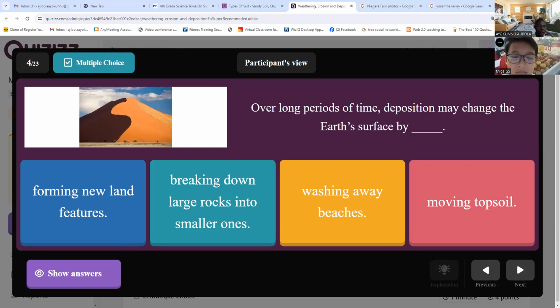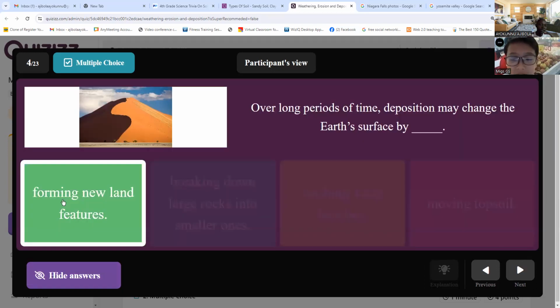Is it by forming new land features, or by breaking large rocks into smaller ones, or by washing away beaches, or by moving topsoil? The answer is forming new land features, because over a long period of time, when deposition keeps happening, it's being deposited on that spot. Is that clear?